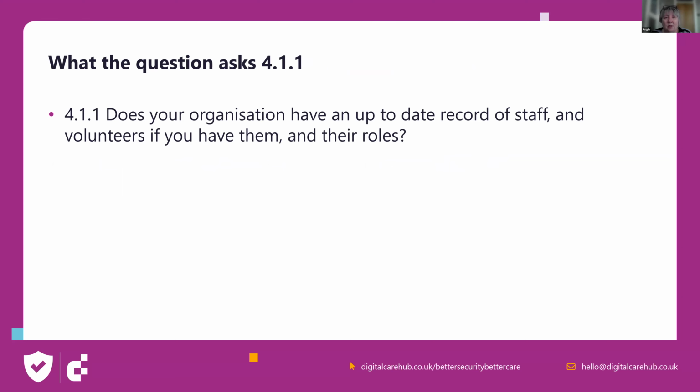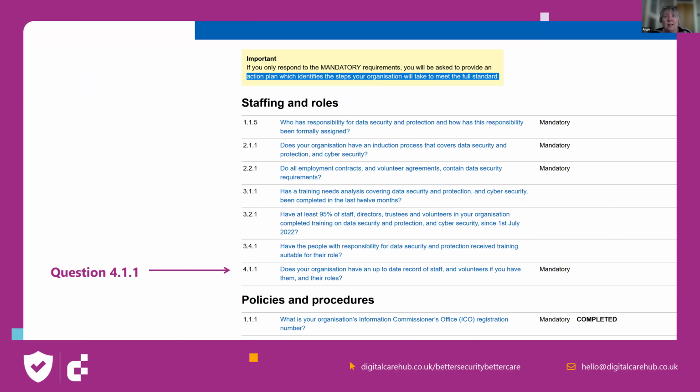Most people have this as part of their HR, but you must make sure this is up to date and it tracks any change of role, new starters, or removal of leavers. And as I said, this might be linked to your existing payroll or rostering system. Okay, we've gone to the next slide.